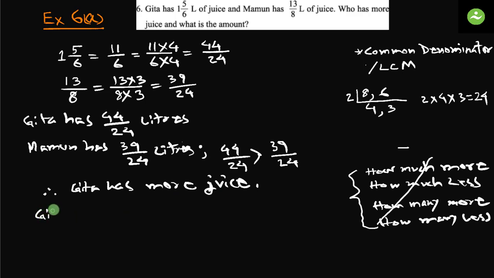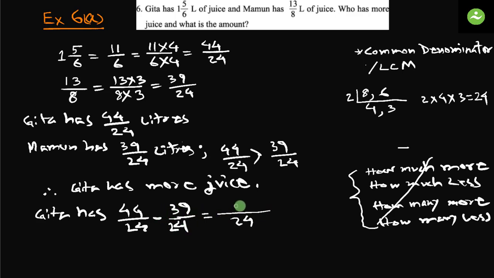Geeta has 44 over 24 minus 39 over 24, the common denominator.